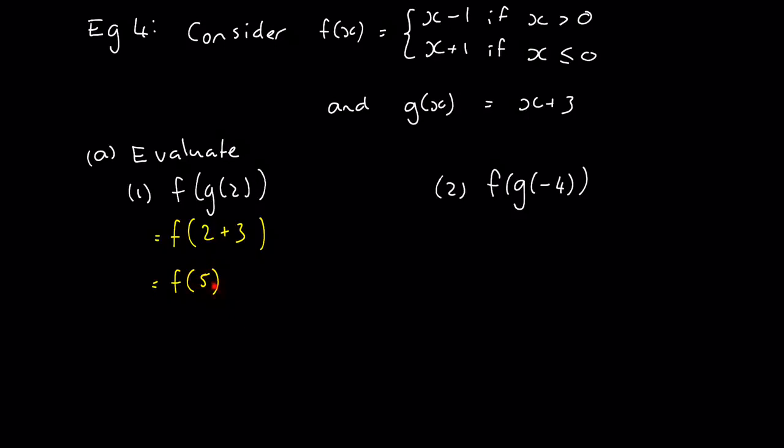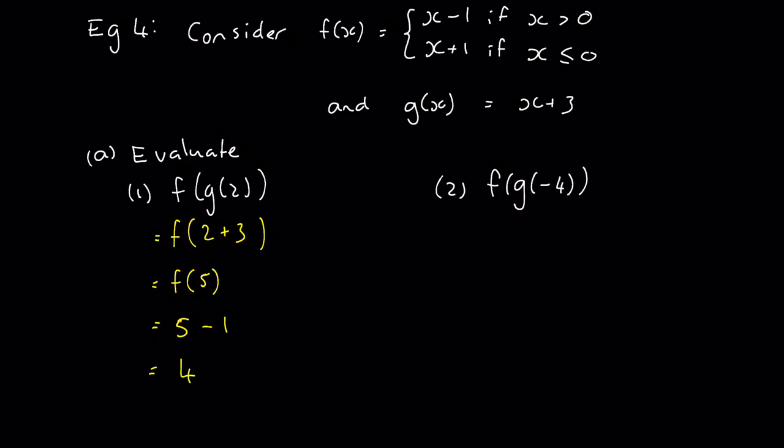We're looking at 5. So does 5 fall in the restriction x is greater than 0 or x is less than or equal to 0? Clever girls, it falls into x is greater than 0. So therefore we're going to substitute 5 into this expression. Right, so 5 gets substituted into 5 minus 1, which equals 4.